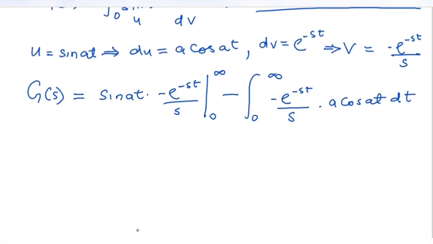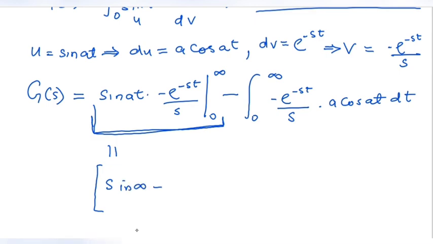But first of all, let us try and simplify this. Let's simplify the first term. If you apply the limits, when t is infinity, we have sine of infinity times negative e to the negative infinity all over s.